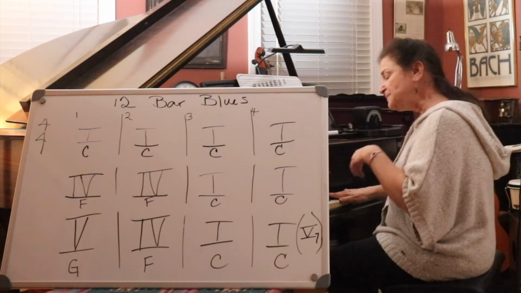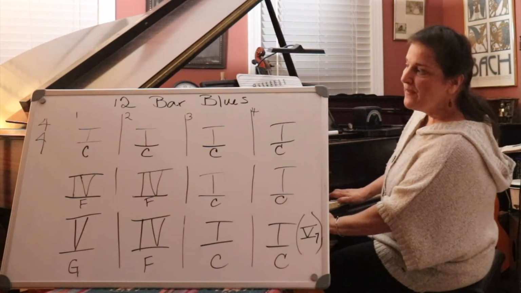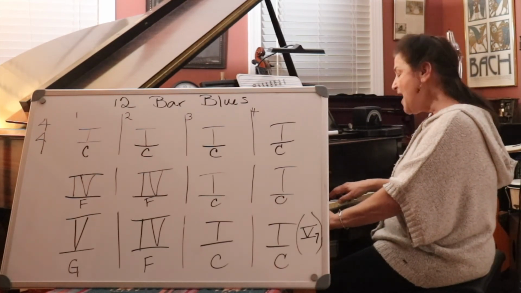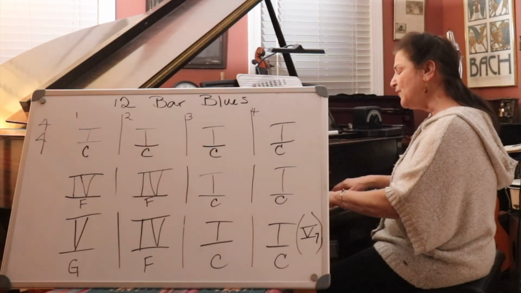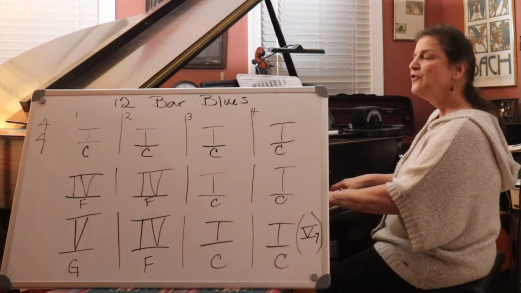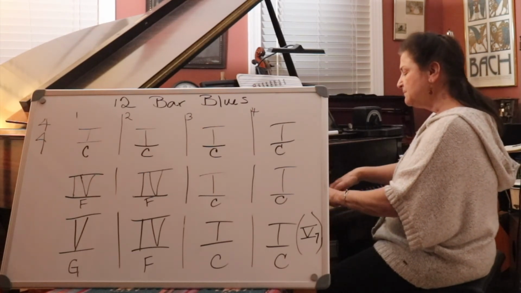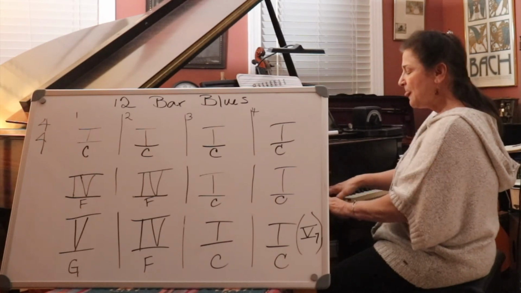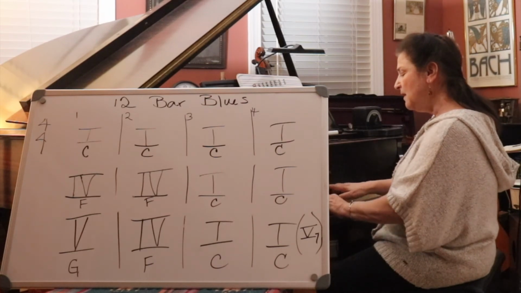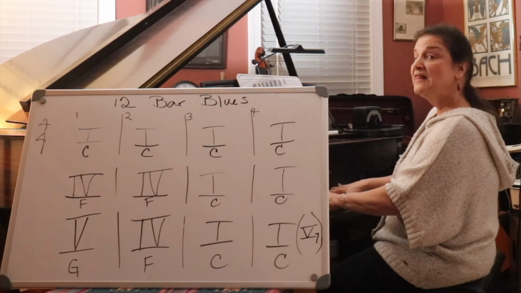I'll count along with you. We'll do our walking bass line again. That'll help give us our counts. 1, 2, 3, 4. 1, 2, 3, 4. 1, 2, 3. Third measure. Second line. Now third line. Last 2 measures.